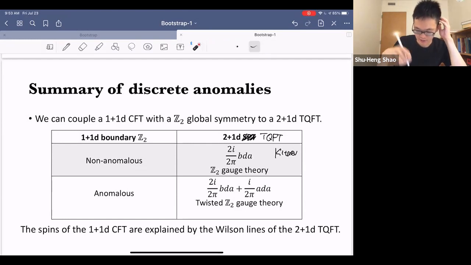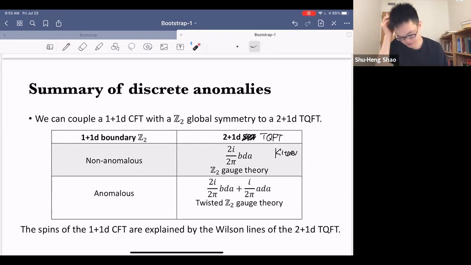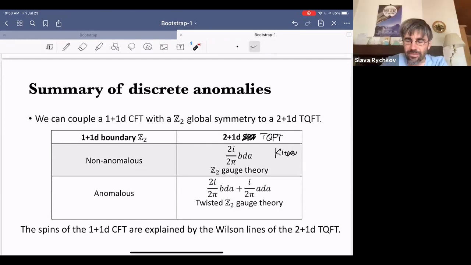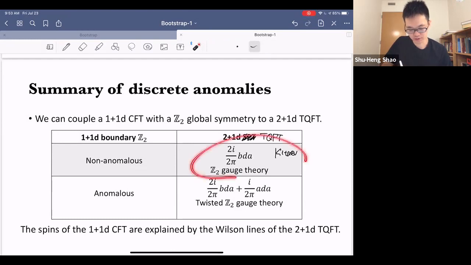Actually, Zohar and Justin Kaidi, Shu-Heng and I are writing a paper about gapped boundaries for this kind of TQFT. And let me just add one more thing since you brought this up. This theory has a Z2 global symmetry, not the Z2 gauge symmetry, not to be confused with the Z2 gauge group. But it has a Z2 global symmetry.